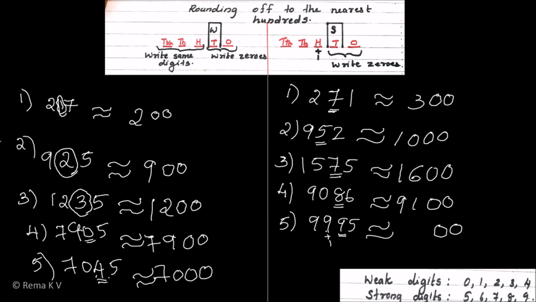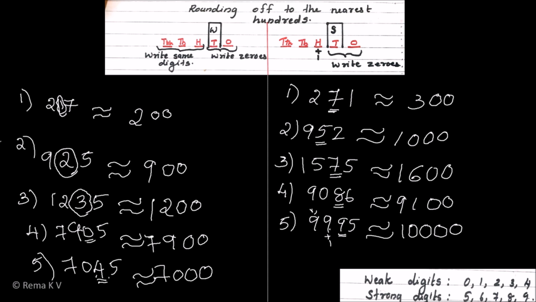When you add plus 1 here, you will get 0 in this place. 9 plus 1 is 10. 1 is carry over here. Then 1 plus 9 is 10 again. So here in this place 0, and here 10 again. So it is rounded off to 10,000.